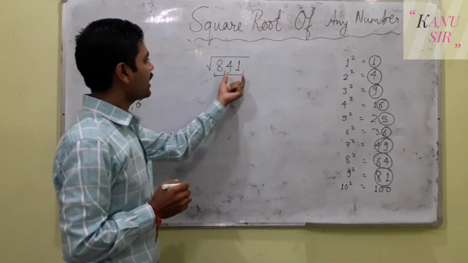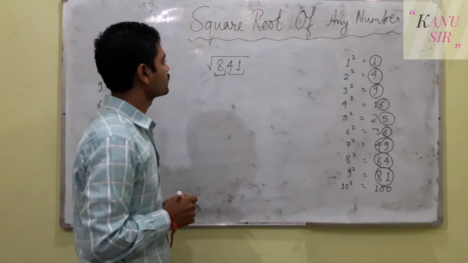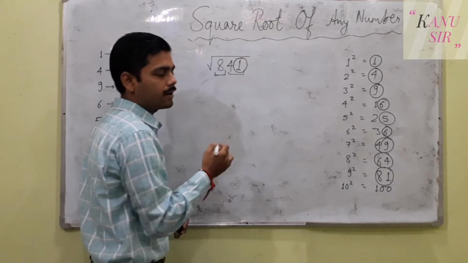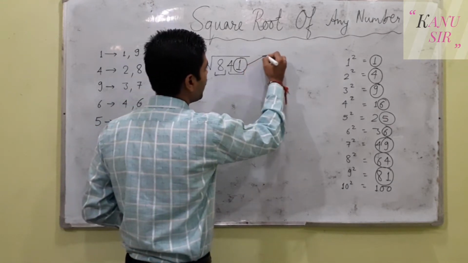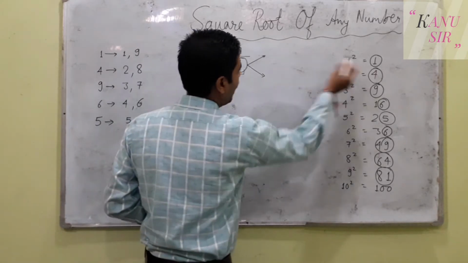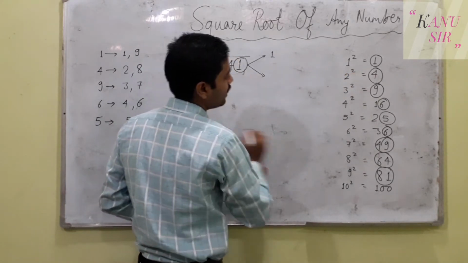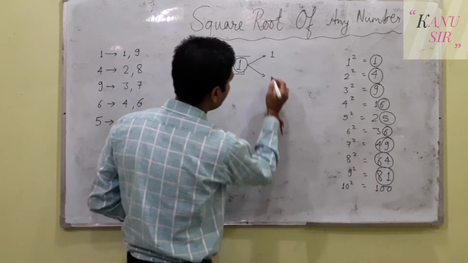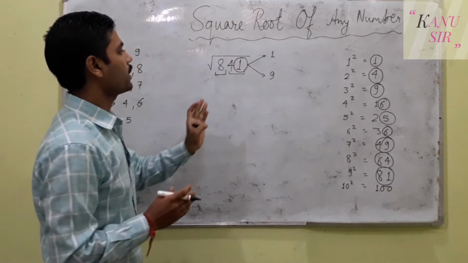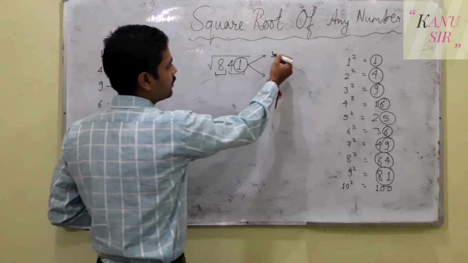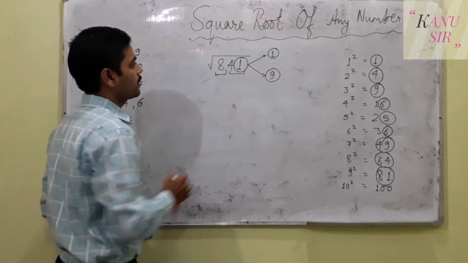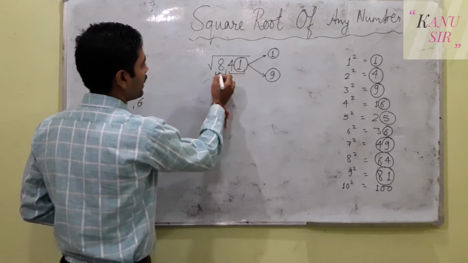Now we analyze 41 first. The digit at the ones place is 1. It means the answer might contain 1, or it might contain 9. So half of the answer is almost clear: there will be either 1 or 9 in the answer. Now next is 8.